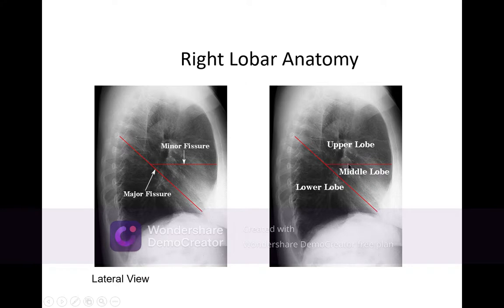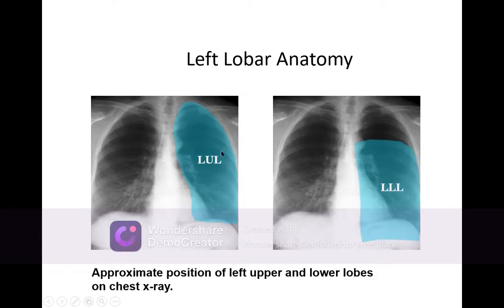If this fissure is displaced, it means the middle lobe is displaced there. The direct sign may be there or the indirect sign may be there. It moves downwards or upwards, depending upon which part is gone. Now, the left lobar anatomy is the left upper lung and the left lower lung. This is the position of the anatomy here, and this is the fissure. It depends upon the fissure which is lying there.